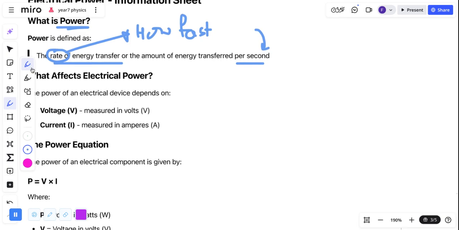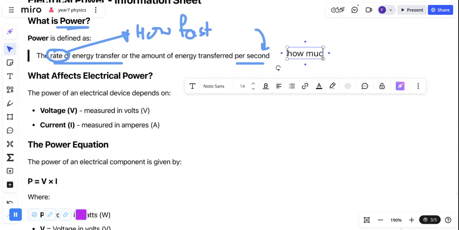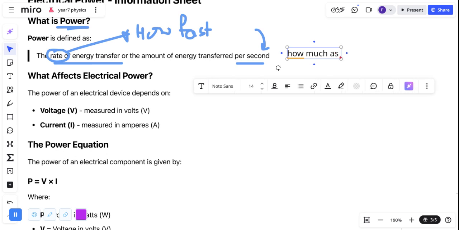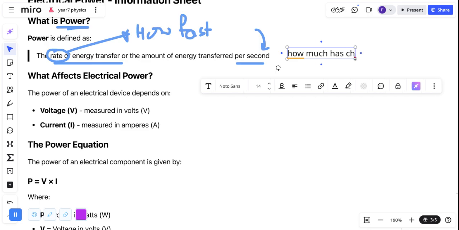It means, let me text, how much has changed? It doesn't matter what I'm talking about. It could be velocity, it could be speed, it could be the amount of gas given off in a chemical reaction, the amount of heat given off, doesn't matter. It's how much has changed in 1 second.